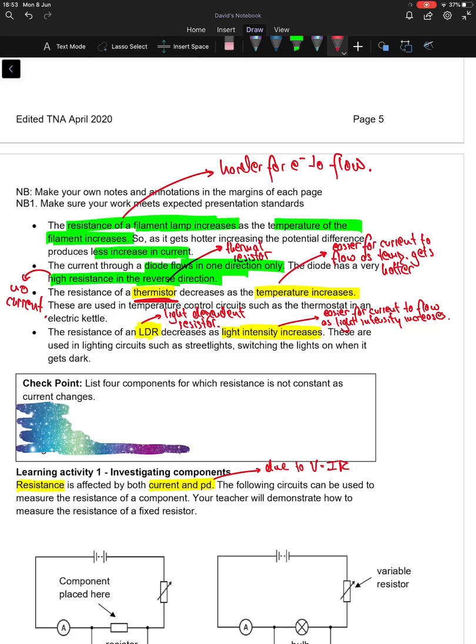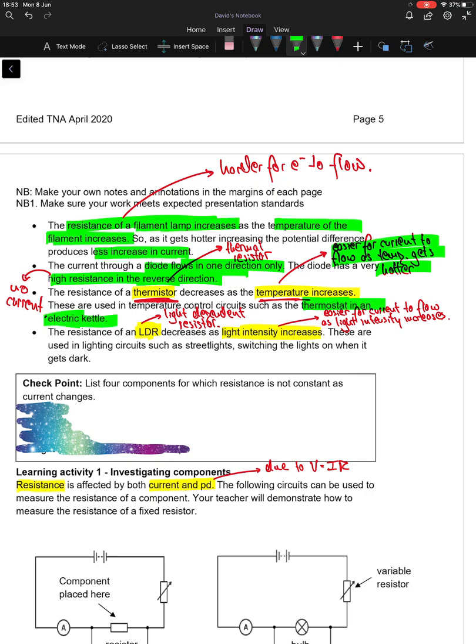Now, a thermistor, a thermal resistor: the resistance changes according to a change in temperature. The resistance of a thermistor decreases as the temperature increases, which means it's easier for the current to flow through a circuit that has a thermistor in it if the temperature gets hotter.